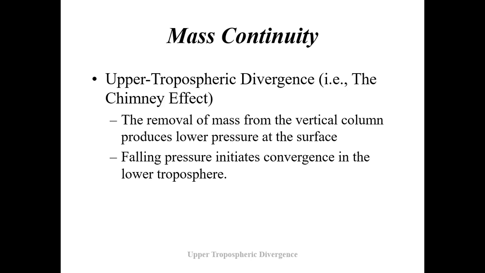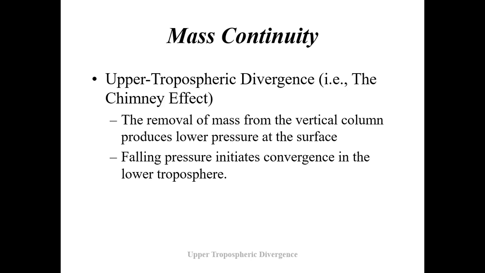The removal of mass from the vertical column produces lower pressure at the surface. If you remove mass aloft via divergence, guess what? Mass continuity states that air you lose aloft has got to be replaced from the surrounding area. So as the air is spread apart in the upper levels of the troposphere, lower level air converges and vertical air motion results to replace that mass that's lost.